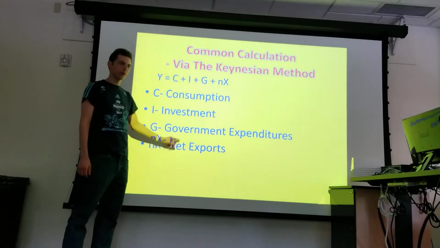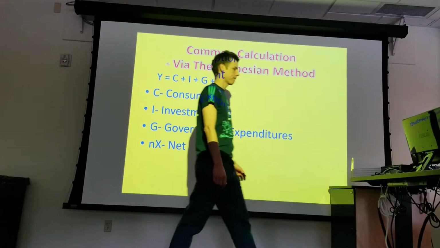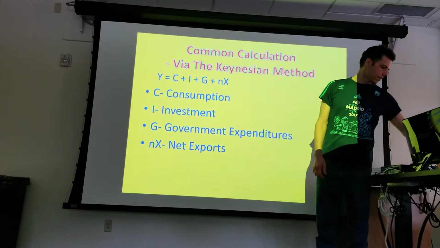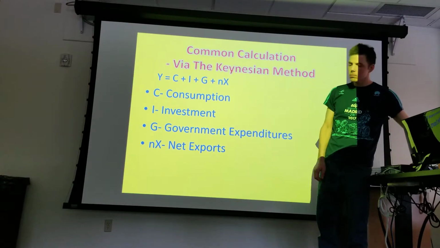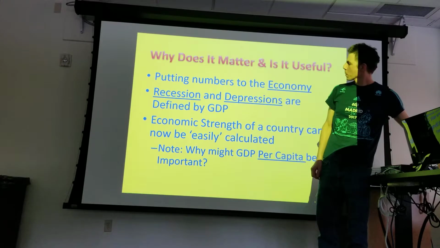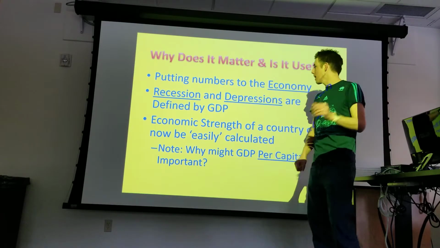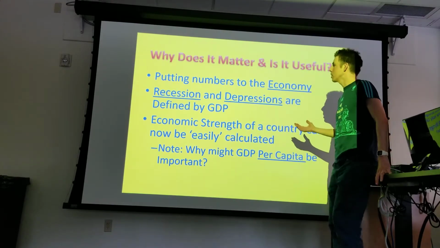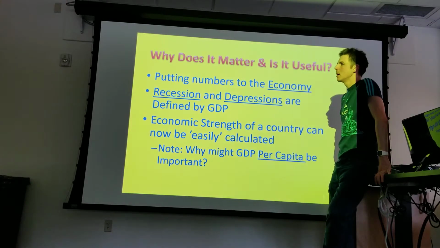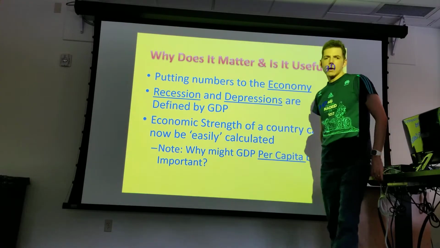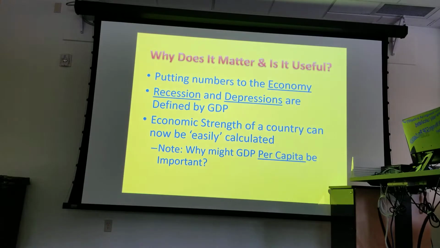Minus about 10%, because we import a lot more than we export. So it doesn't matter. Again, I talked about putting numbers to the economy. You want to see, has our economy increased in growth? What's happened over this period of time, right?